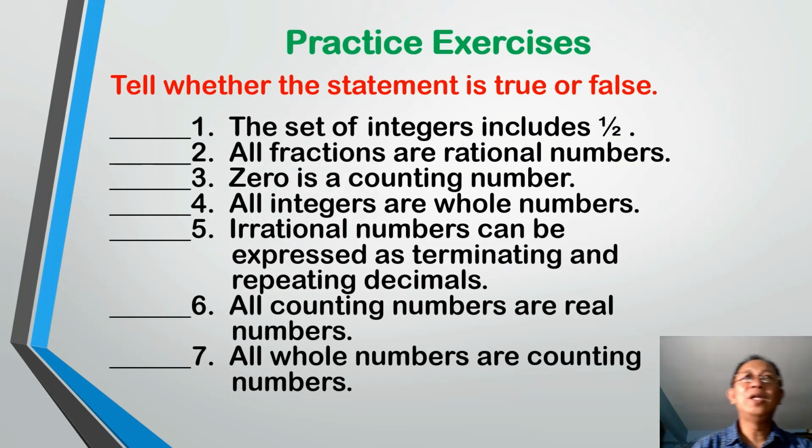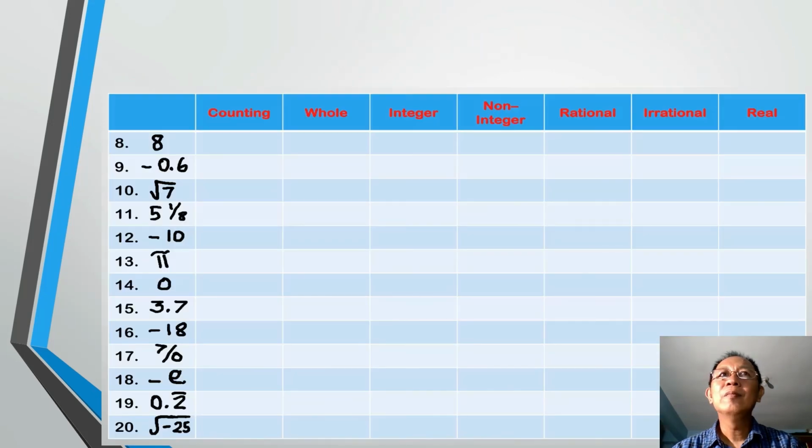So, tell whether the statement is true or false. Okay? So, write true if the statement is true and write false if the statement is false. Okay? So, mamaya, balikan nyo tapos i-post nyo na lang, ha? Para makopy nyo.